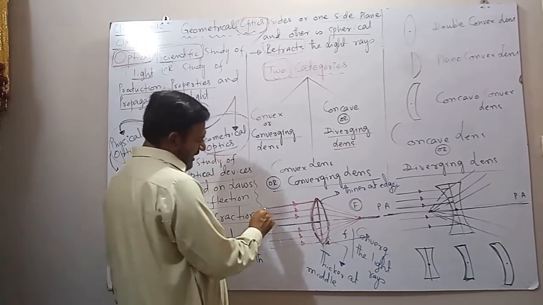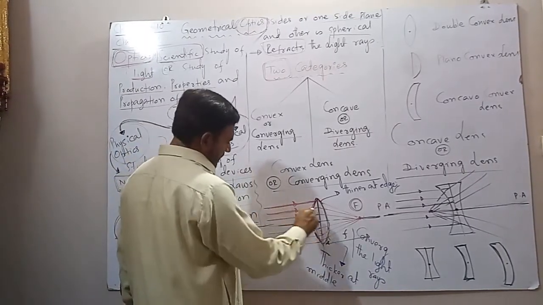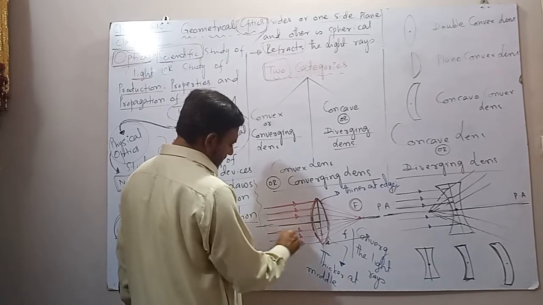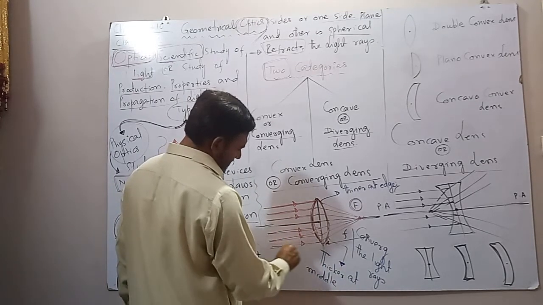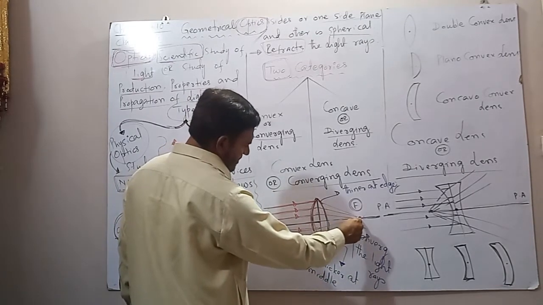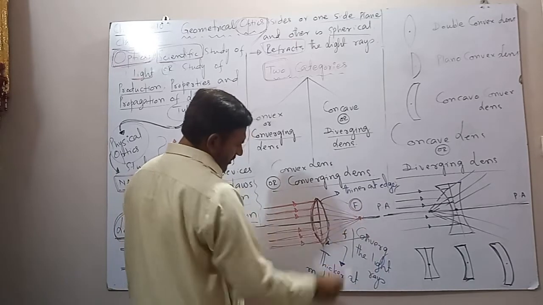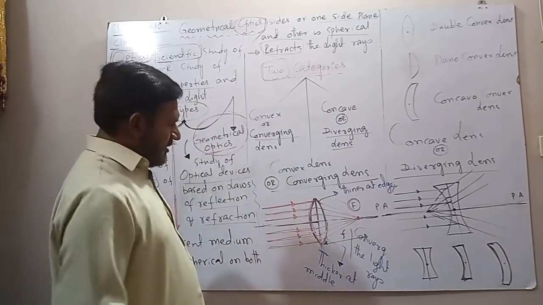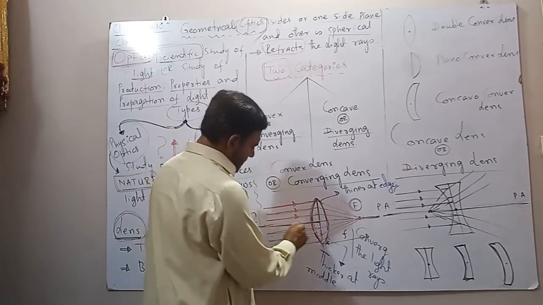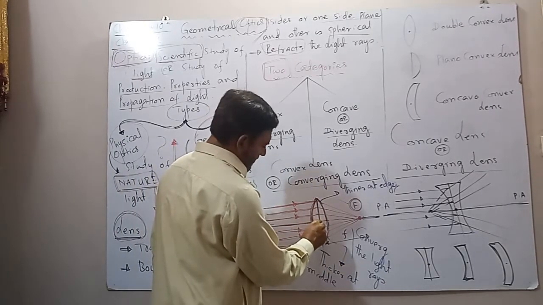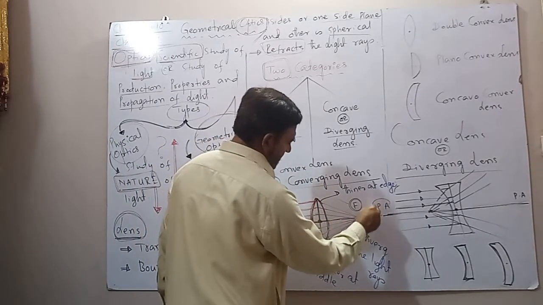These light rays are coming from infinity, and they are parallel. These light rays converge at a point, and that point is known as the principal focus. And this line, which passes through the optical center, is known as the principal axis.